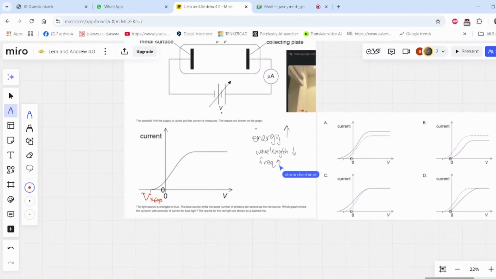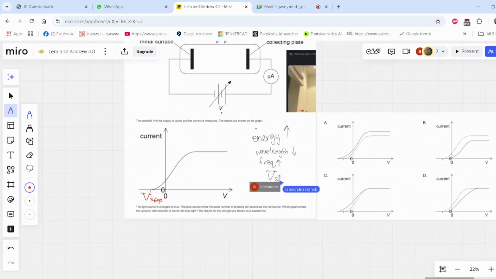How the energy of the incident light will affect the value of stopping voltage that we need to stop all the electrons. If we have more energy of incident light, the stopping voltage has to be bigger as well, because we will have more kinetic energy now.